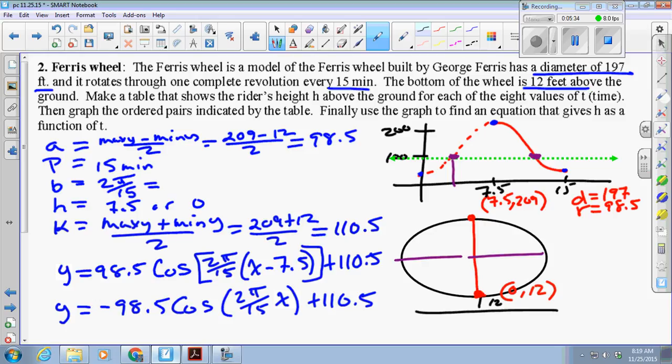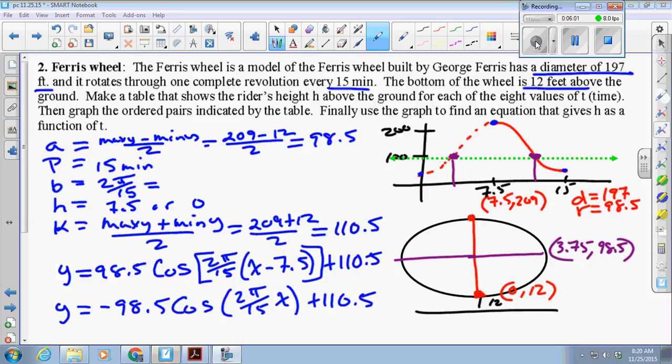That would be these points right there. Half of 7.5 is 3.75. And this would be also comma 110.5. So that's those 2 points.